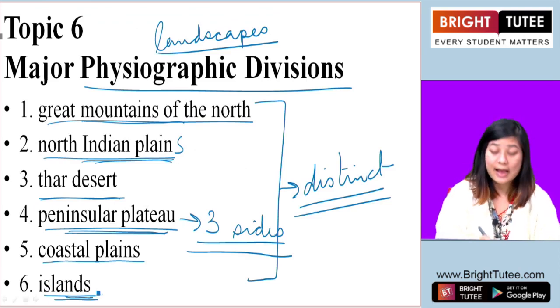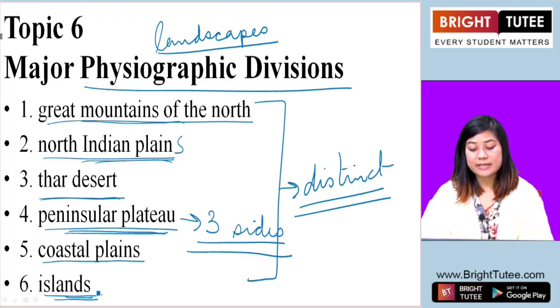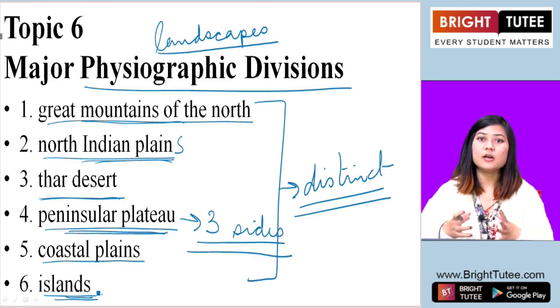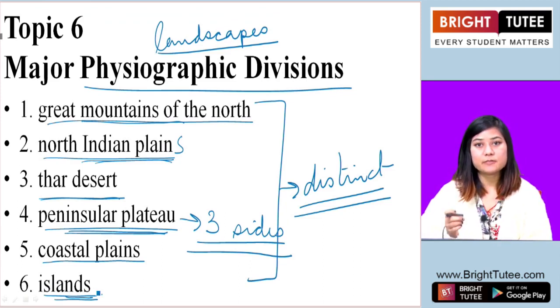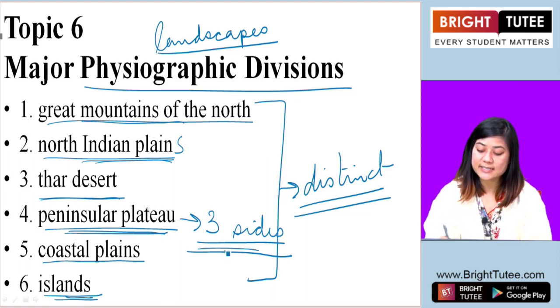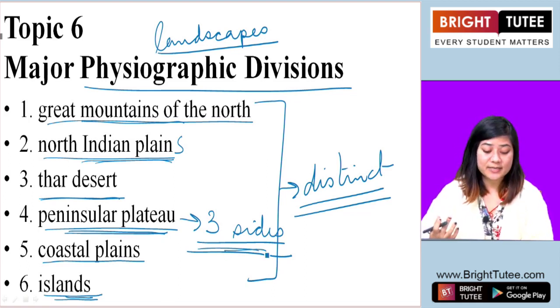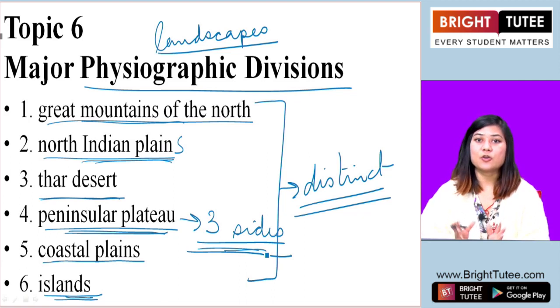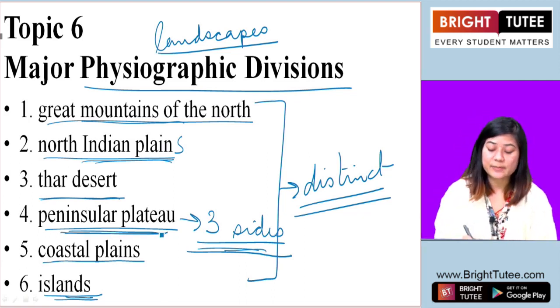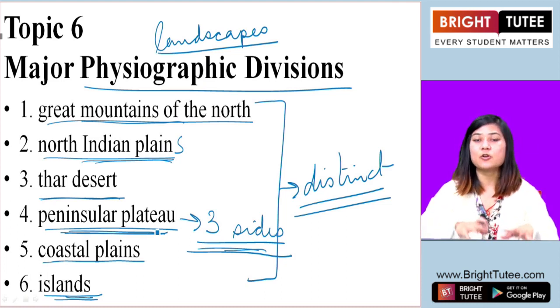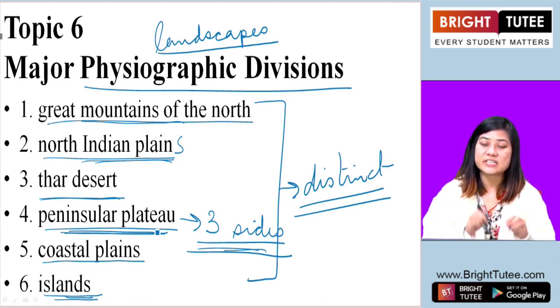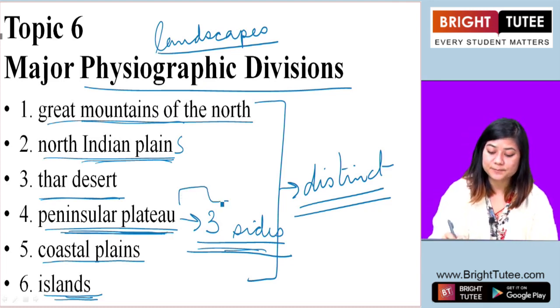then it forms islands. But if a particular area of land is surrounded by water on 3 sides, then it is called a peninsula. So the southern part of the Indian territory is called the peninsular plateau because of the formation of a unique landscape, the plateau, which looks like a table.